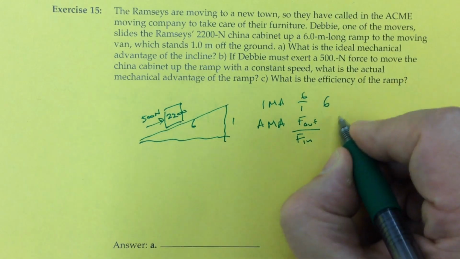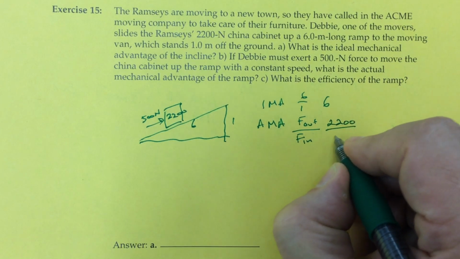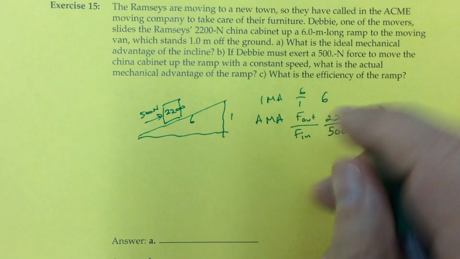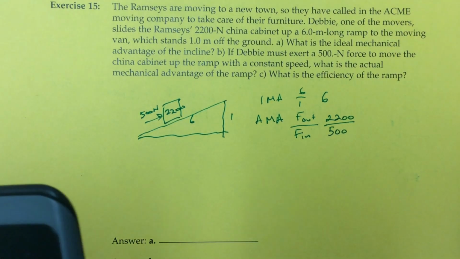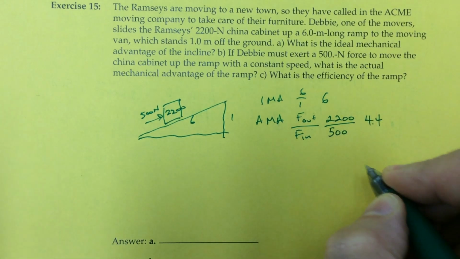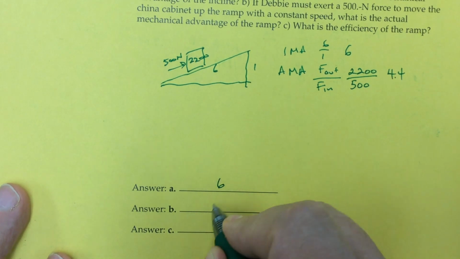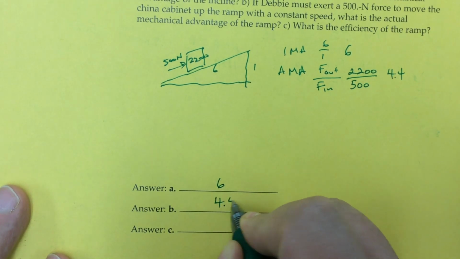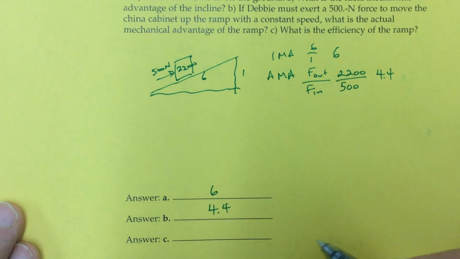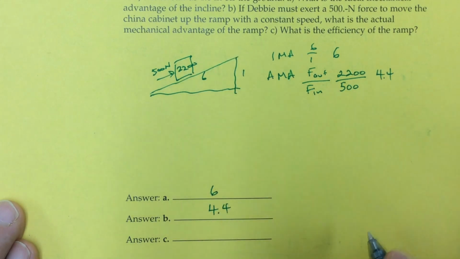So output force is going to be 2,200 newtons. Input force is 500 newtons. Okay, so that is 4.4. So number A is 6, B is 4.4. And there's no units here. It's just a mechanical advantage of 4.4. It's 4.4 times easier to push it up a ramp than it is to lug it or hoist it.